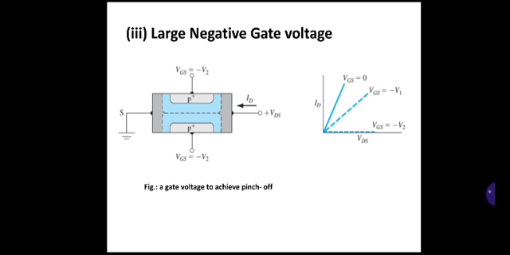Now the third case, when you apply a large negative gate voltage. Here the figure shows when you apply a gate voltage to achieve a pinch off. Here we consider the channel in a simplified way by neglecting voltage drops between the source and the drain electrodes and the respective ends of the channel.